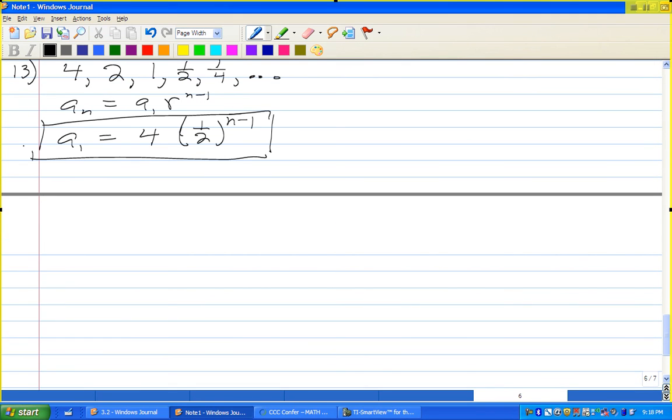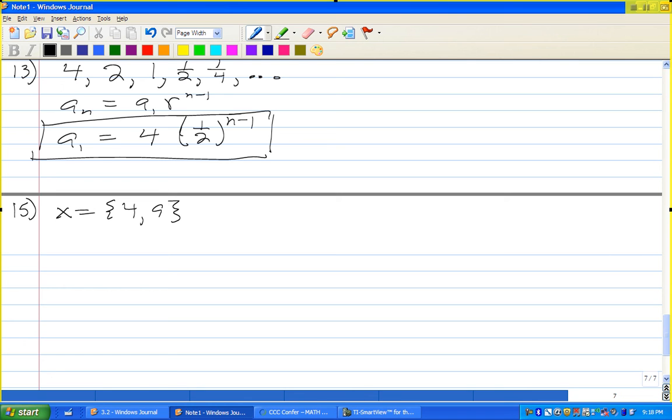Let me do problem number 15. In exercises 15 through 17, find the geometric mean of the numbers.